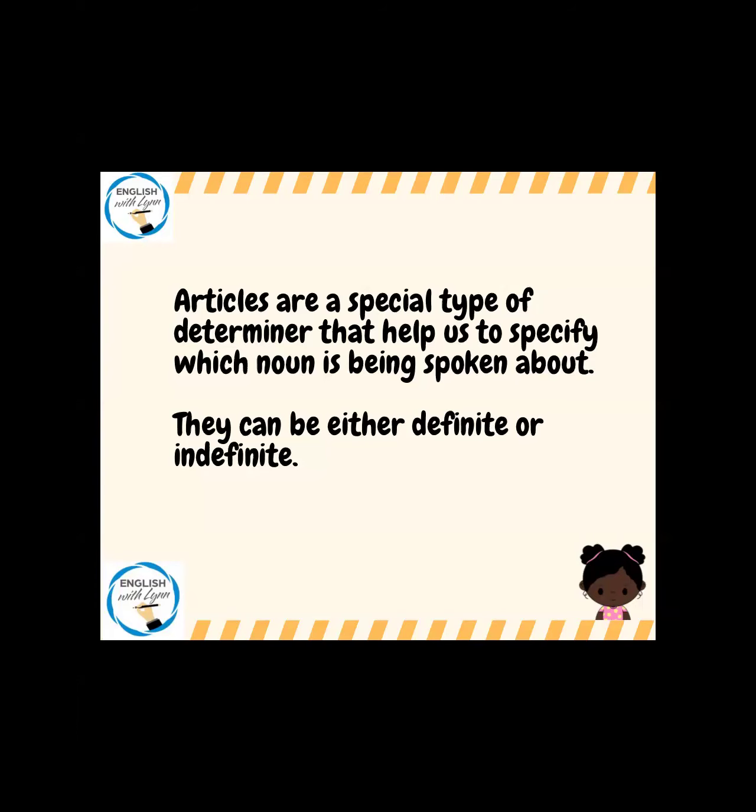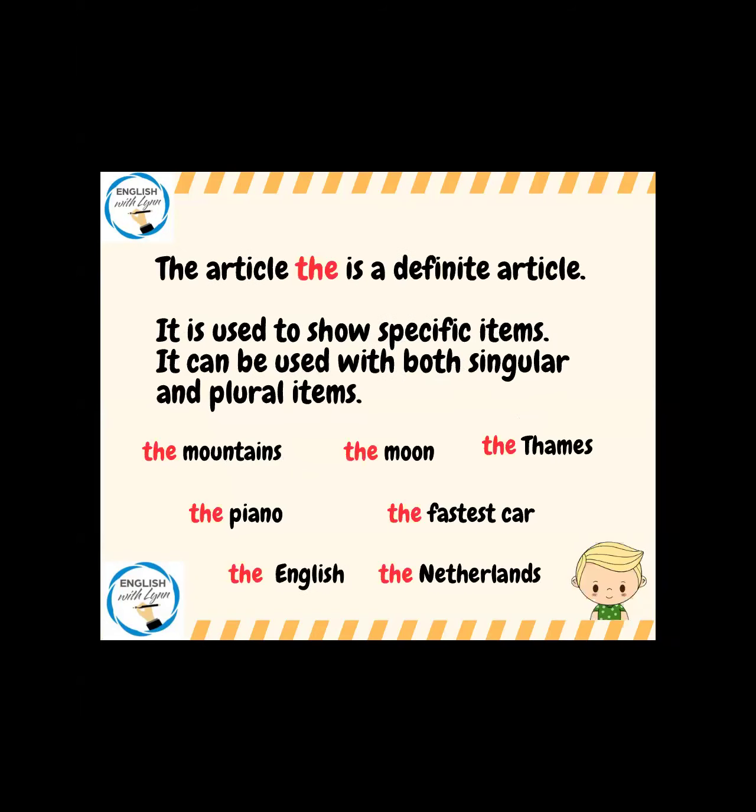The articles are split into two different groups. They are either definite or indefinite. So let's have a closer look at what we mean by that. When we are speaking about the definite article, we are using the word the.